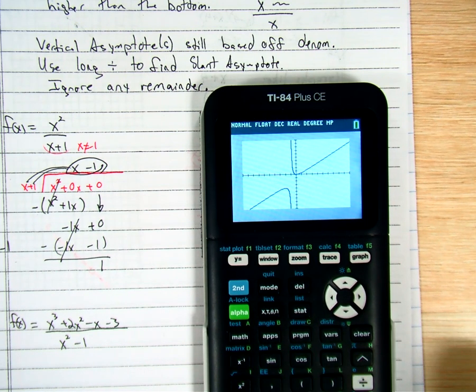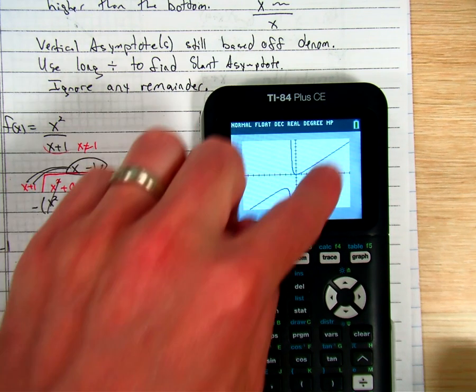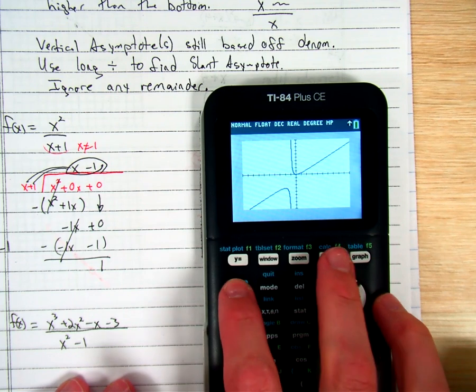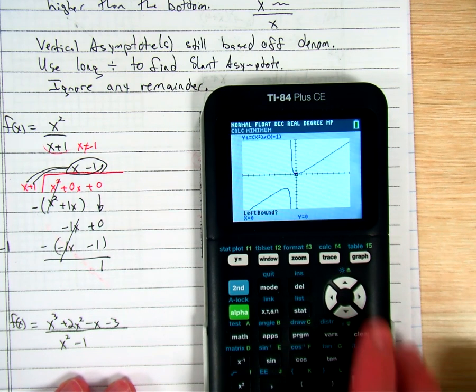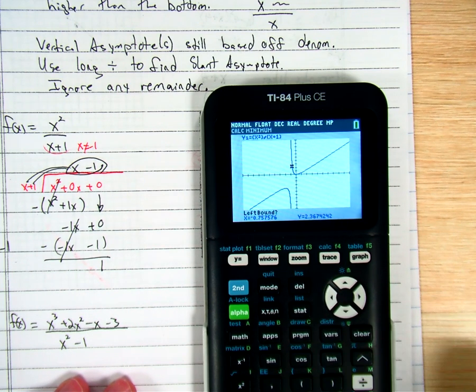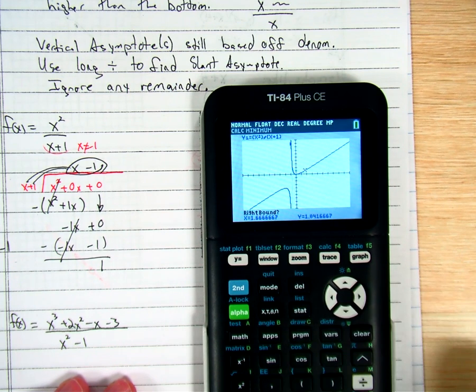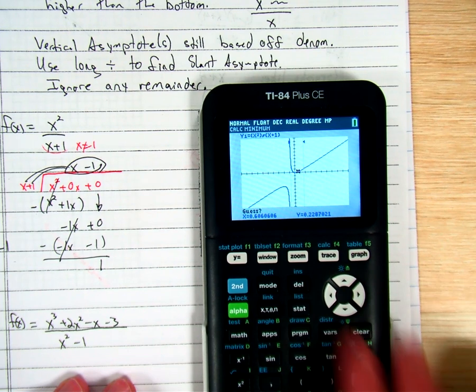Okay, same as before. We want to have 3 dots, and these are kind of like parabolas, so let's make sure we get that minimum and maximum. So second trace, minimum, left side of it, right side of it, guess in the middle.